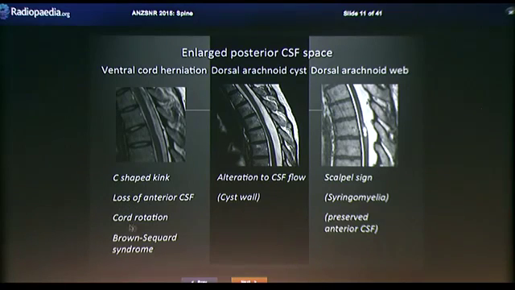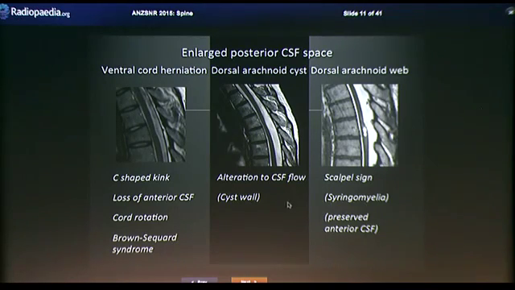The cord is rotated around rather than more symmetrically anteriorly displaced as in the other conditions, and you get that C-shaped kink in the cord, which is quite focal. The other thing that's helpful is that the most common clinical condition that this gives rise to is a hemicord deficit, like in the patient whose case we saw, a Brown-Séquard syndrome.